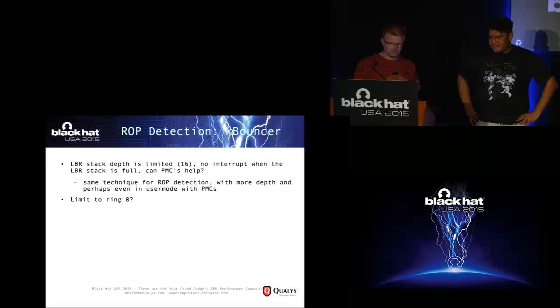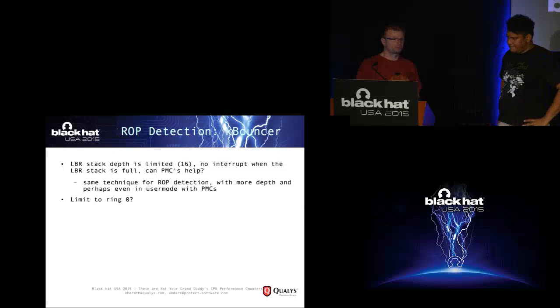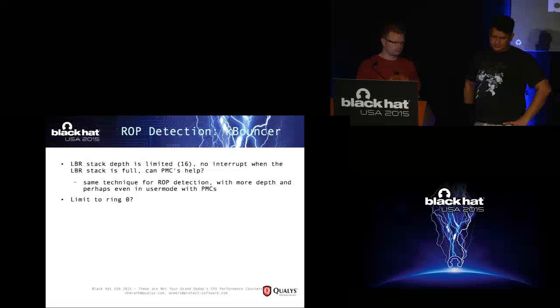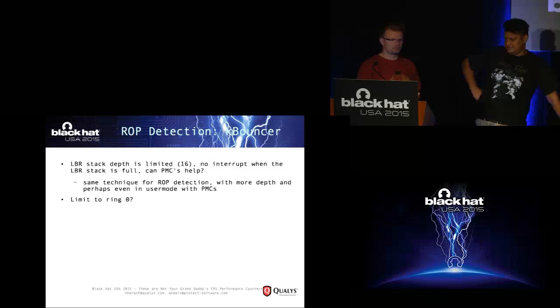A comment here: they are using user mode hooks to install this. Yep. And this is a particular case of what we call instrumentation. They use this technique to get around the fact that the LBR stack is only 16 entries large. If you log it globally, you will get nothing.